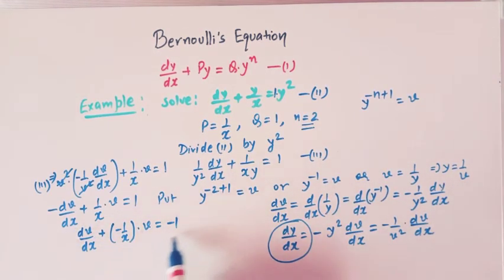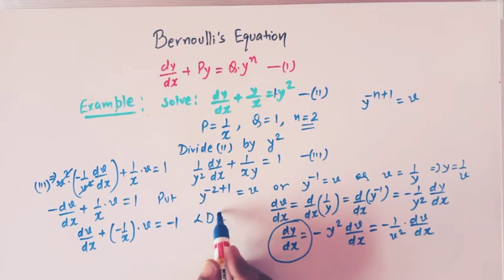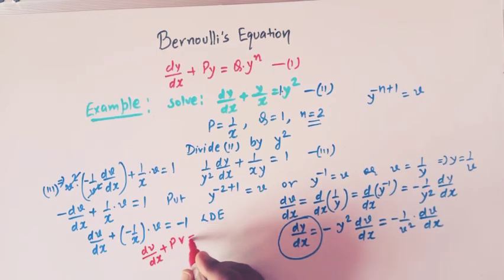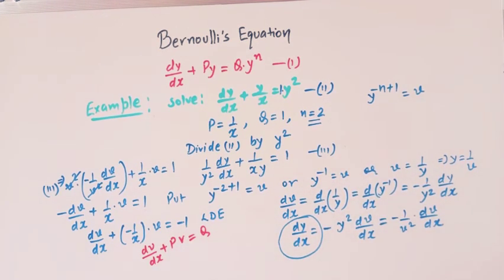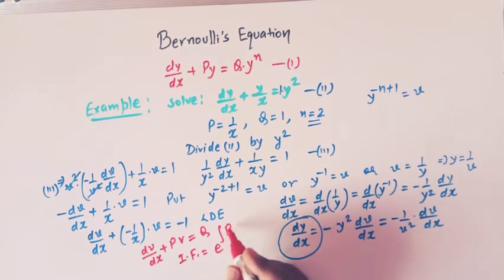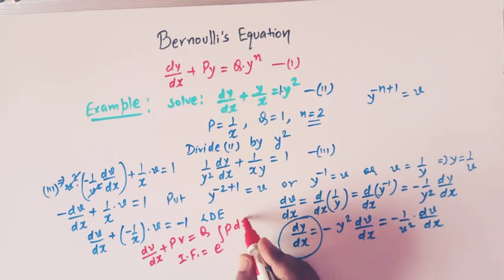Now this equation is a linear differential equation of the type dv over dx plus pv is equal to q, right, where p and q are functions of x, and here the integrating factor is given by e raised to integral of p dx, right?